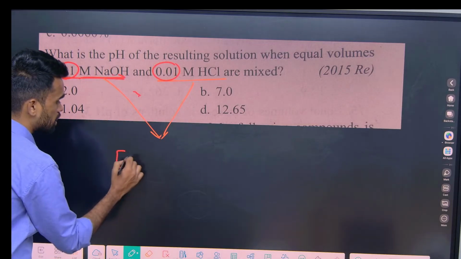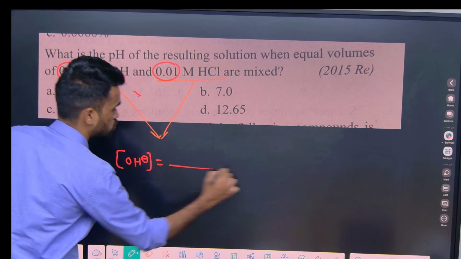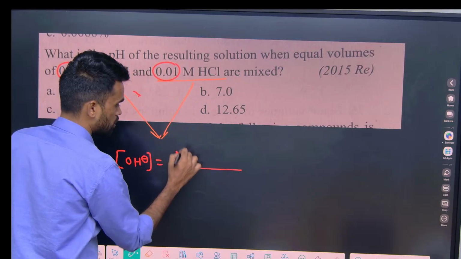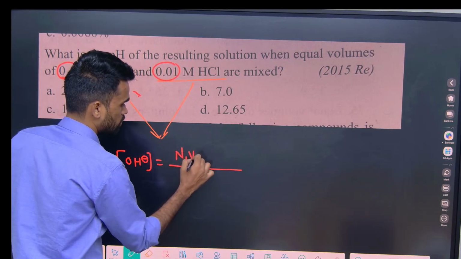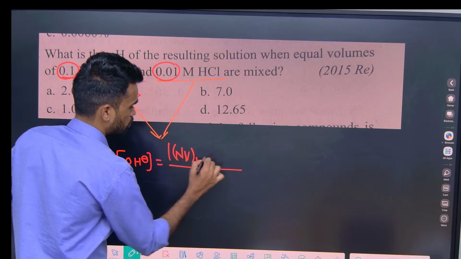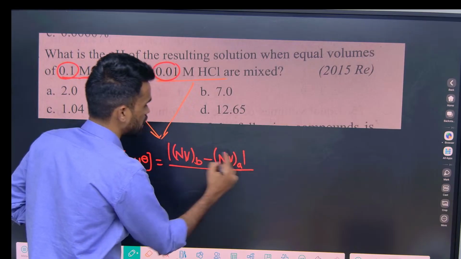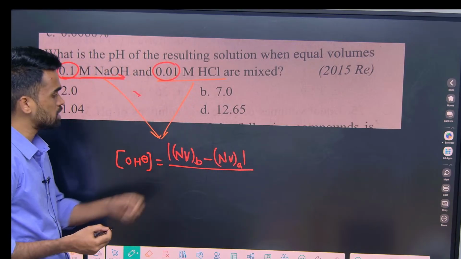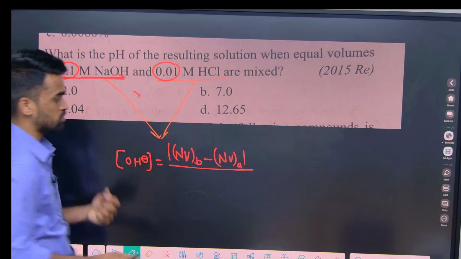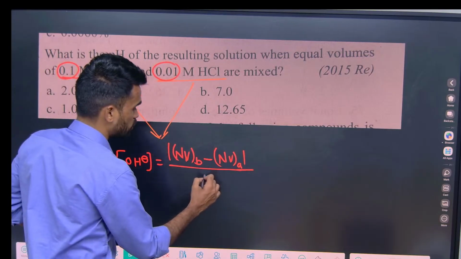So now the resultant concentration of NaOH, that is basic, OH minus, is equal to, you can use this formula: N into V of base minus N into V of acid. Why are we taking N into V of base minus acid? Because the base quantity is more. And by total volume we are taking V total.